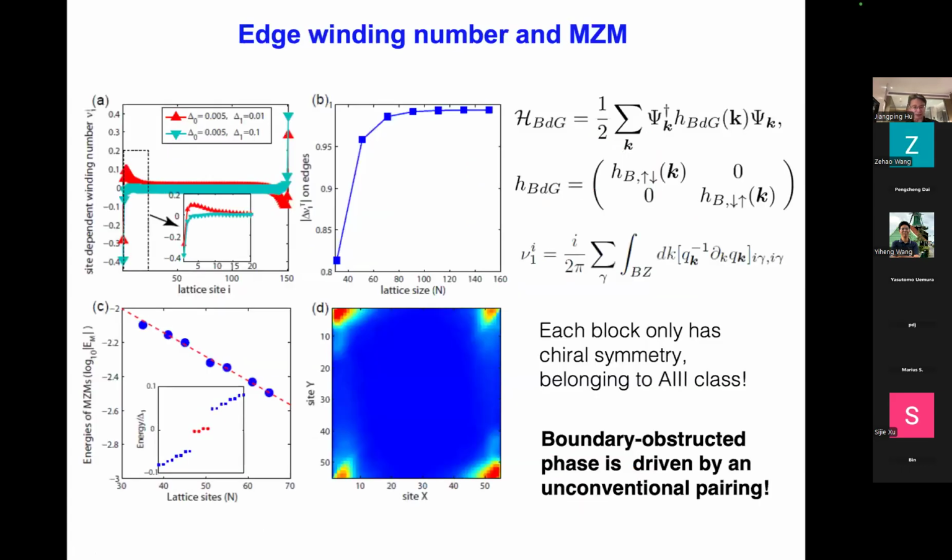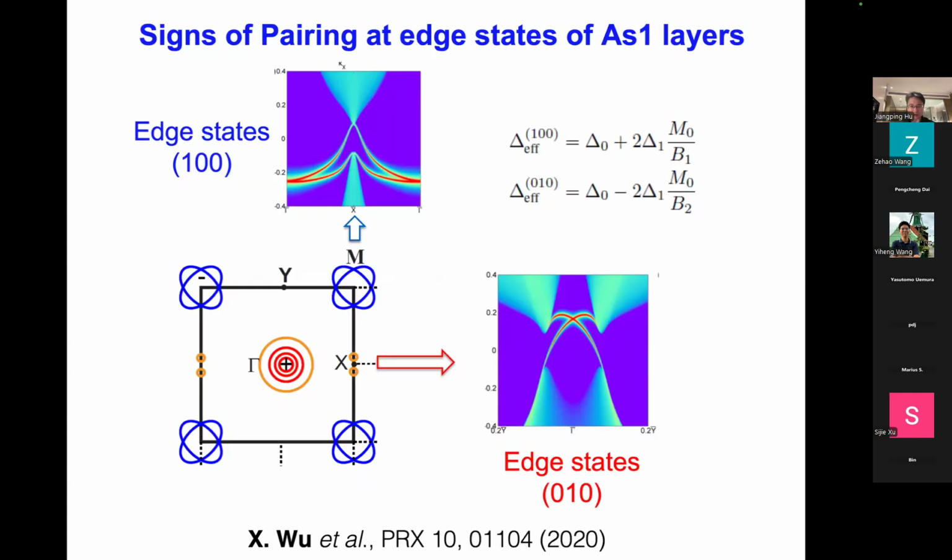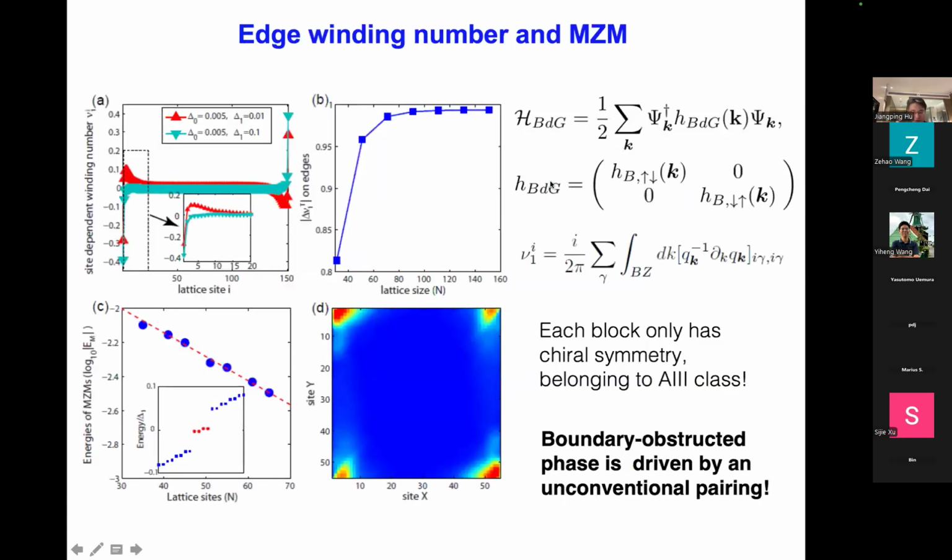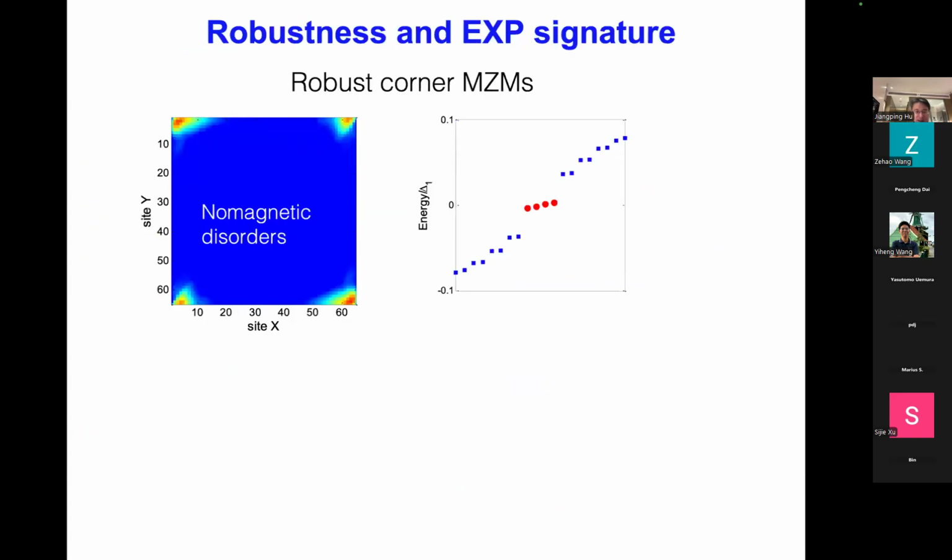So if these two superconducting order parameters are different, at the corner they will form Majorana zero modes. I will not go into the details of the calculations, and this is actually very, very robust. If you put non-magnetic disorder in this system, these corner states are very robust.